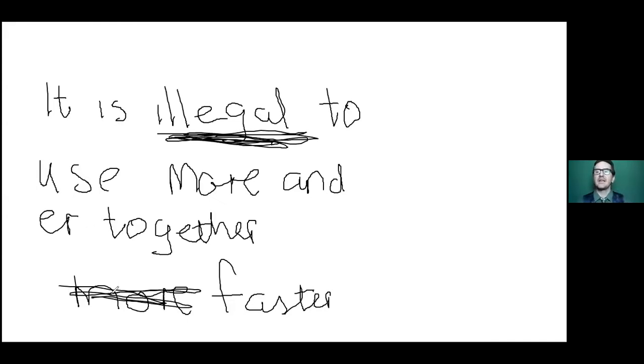So more fast, in this situation, you are correct according to this rule. But in the next rule, you cannot say more fast, but you cannot say more faster either. I'll explain, because you all need to do some writing.